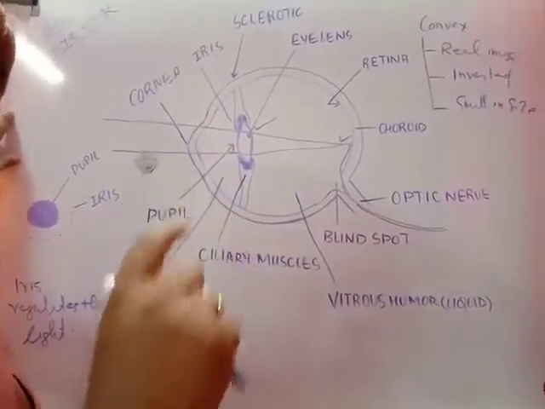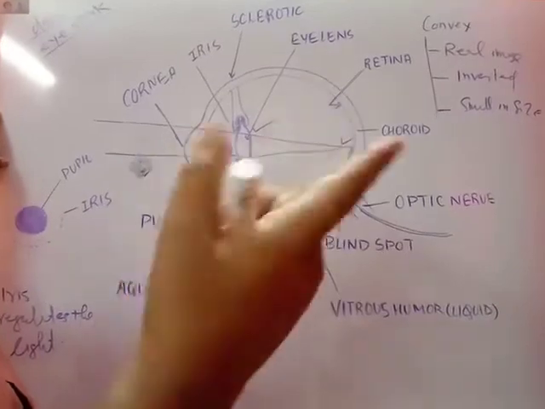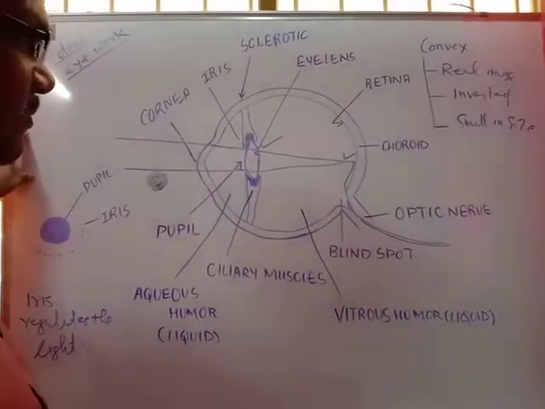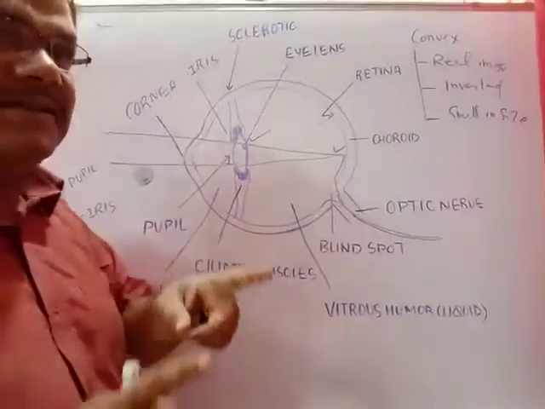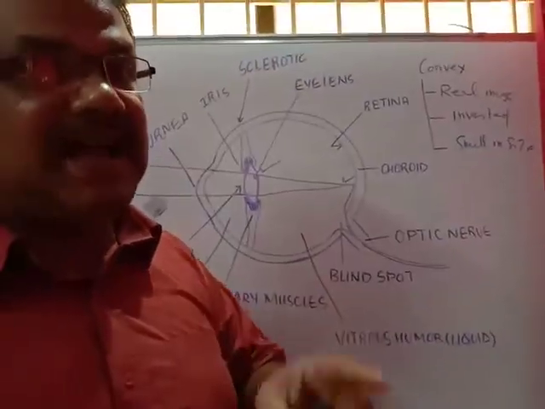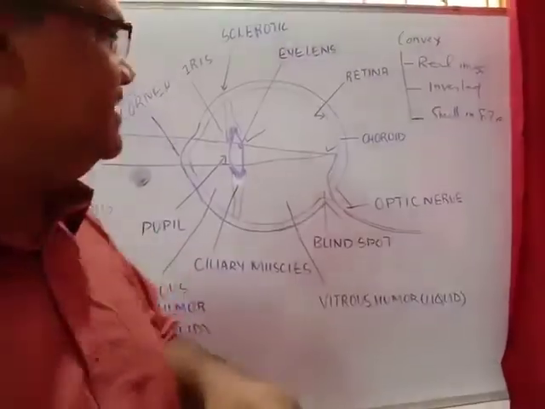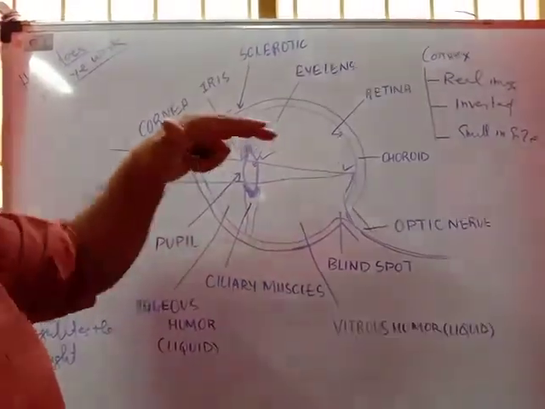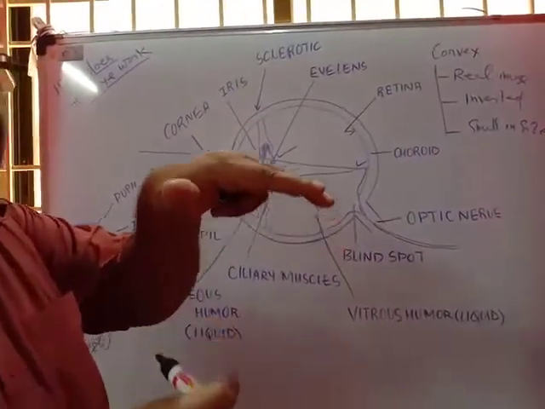As and when its aperture is changed, the focal length of the eye lens will be changed, and that change can be made by the ciliary muscle. The ciliary muscle will be compressed and will be relaxed.